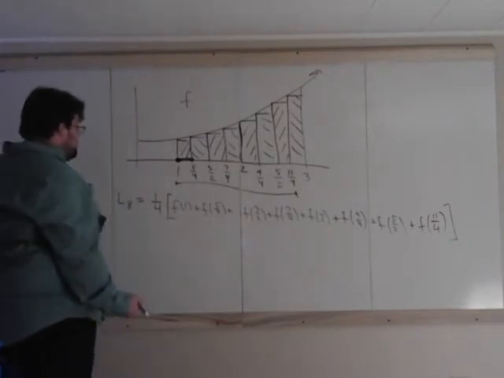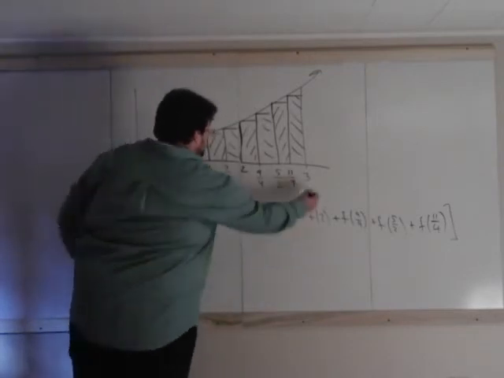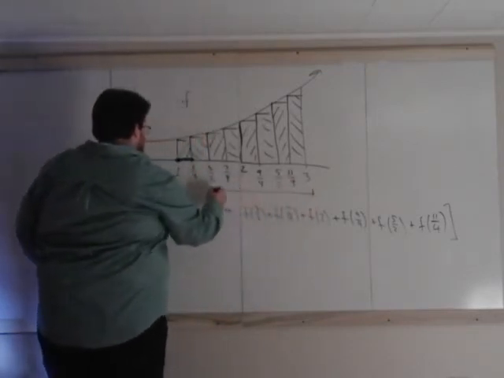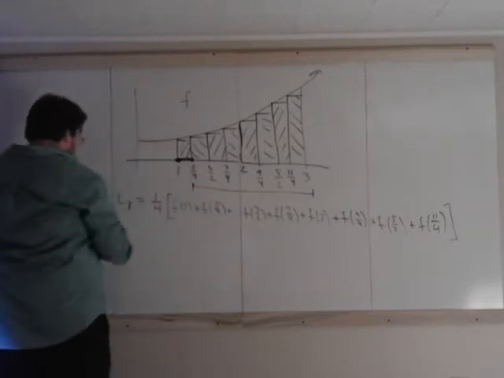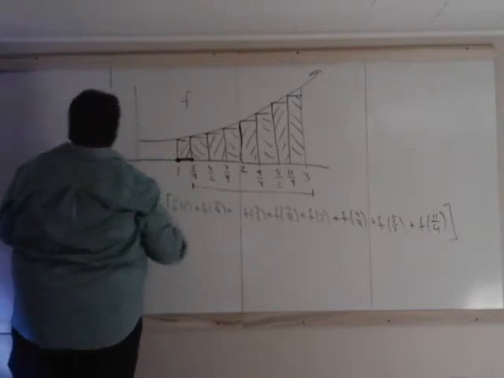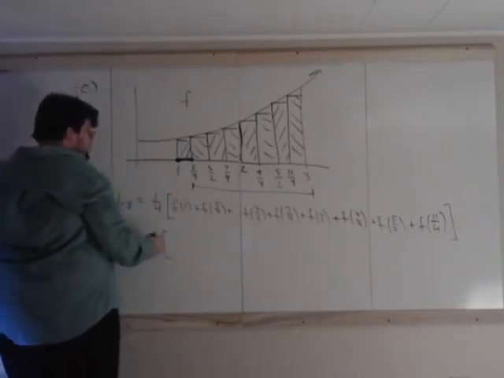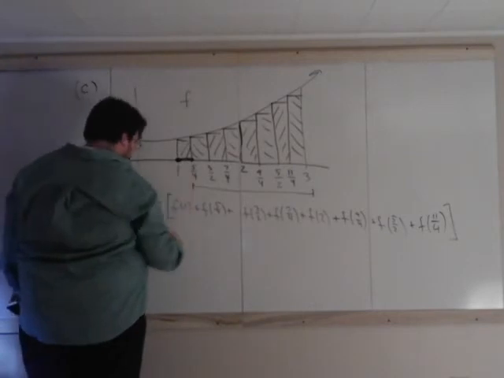Similarly, with the right endpoints, we're going to use the right endpoints, which would be those numbers. This is part C. R8 is a quarter times, instead of starting at 1, we'll start at 5 quarters.